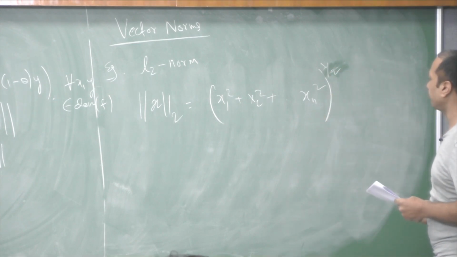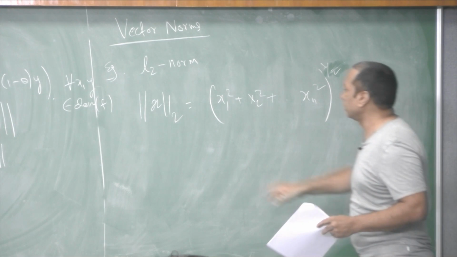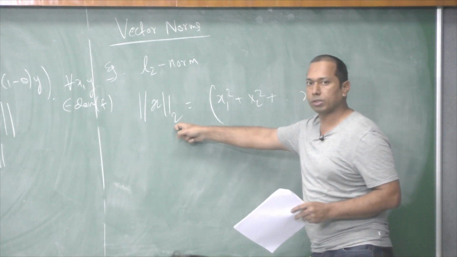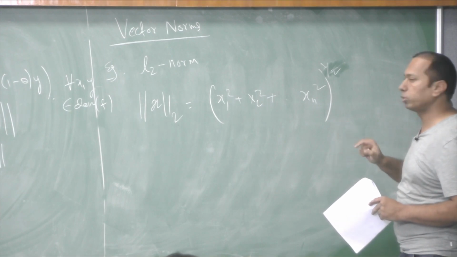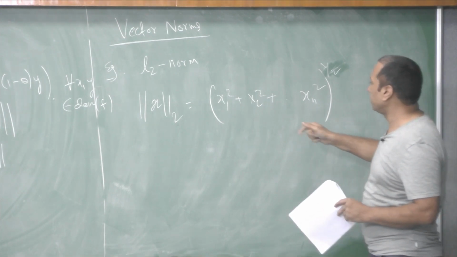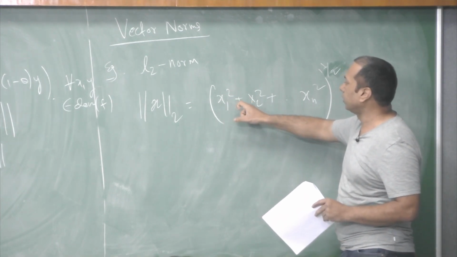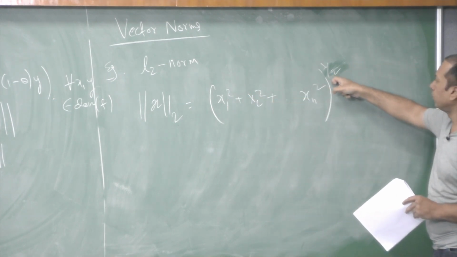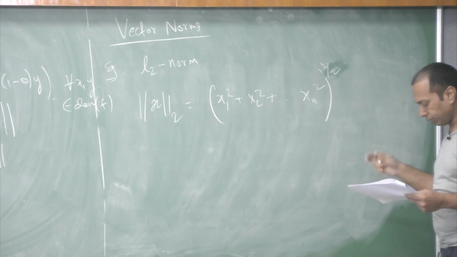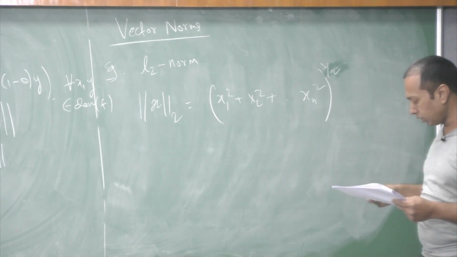This is the 2 norm, but you can generalize this. You replace 2 by p, and since p could be odd, to prevent that put a mod here, raise to the power p, and then 1 by p, the pth root.